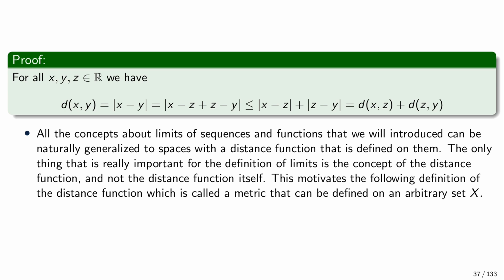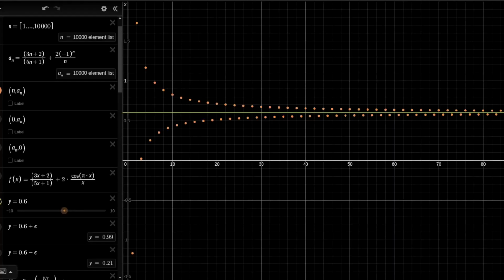So there's a way to vastly generalize, intuitively and directly, everything that we've done here to a very abstract space, and it turns out to be a very convenient and useful approach in mathematics to take those key properties and generalize them.